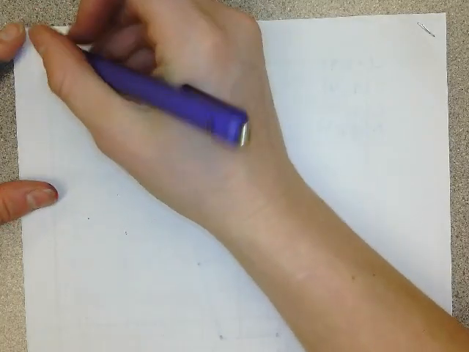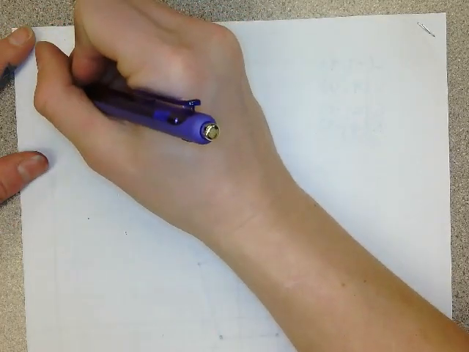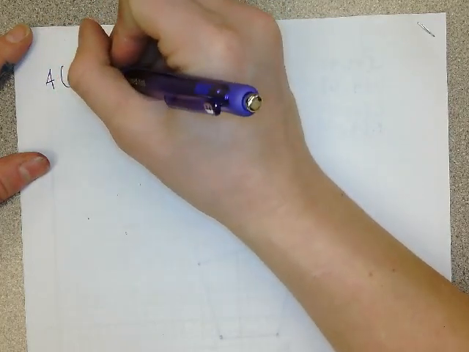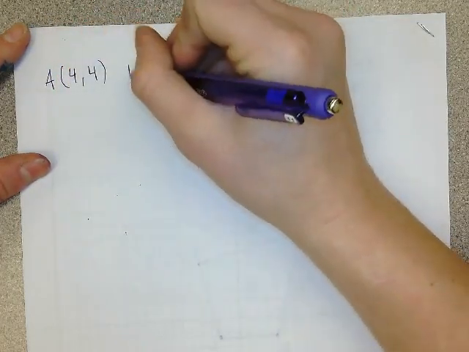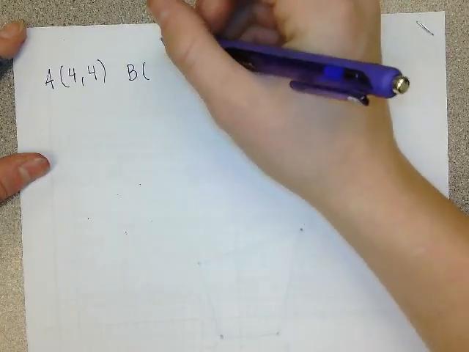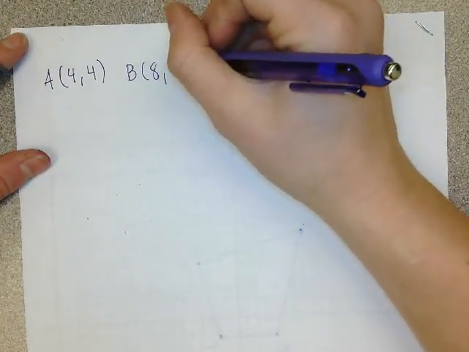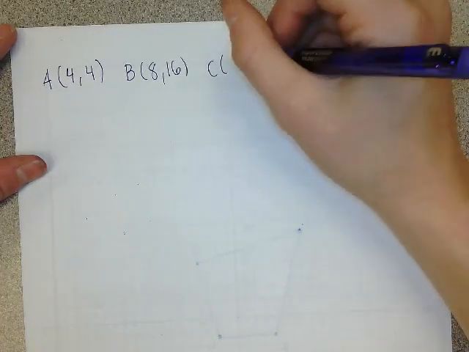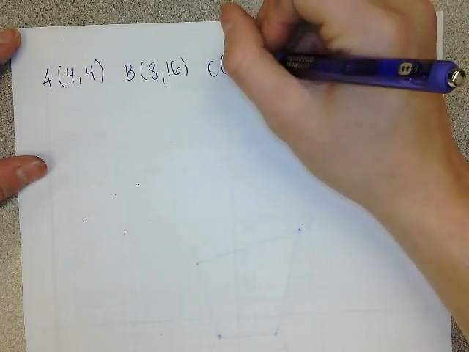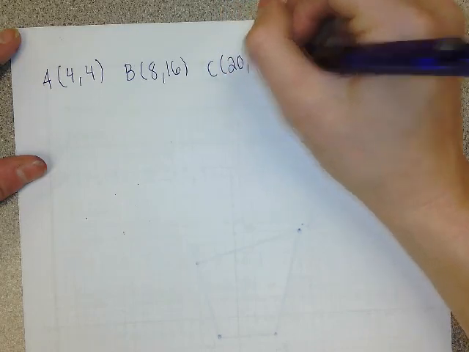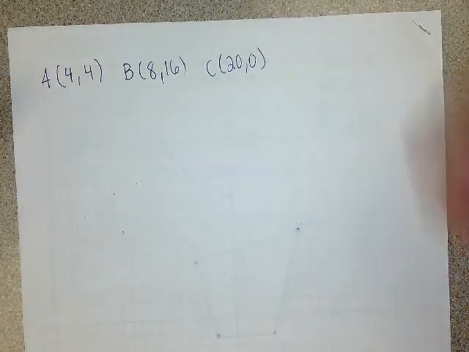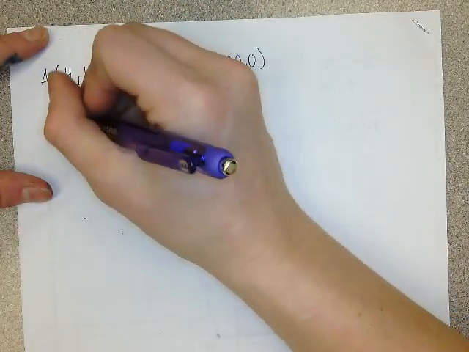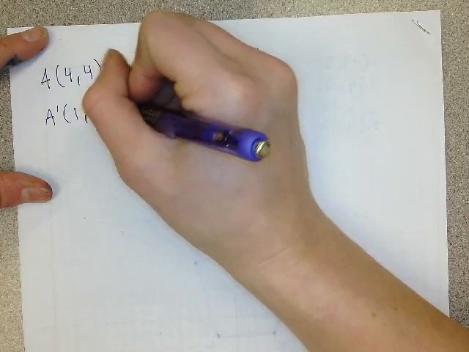So let's have points. A is 4, 4. B is 8, 16. And C is, let's see, 20, 0. All right, your A prime is 1, 1.